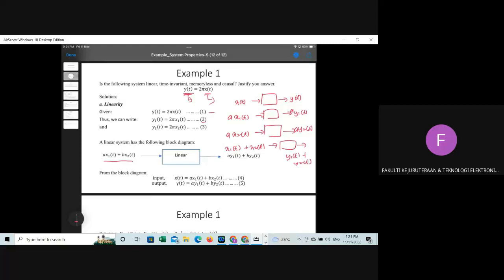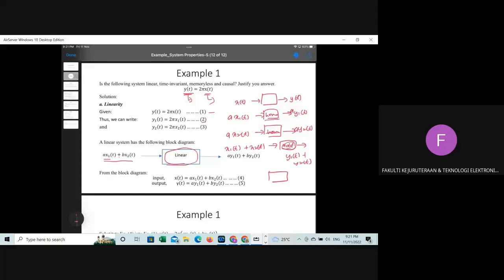If the system is homogeneous and additive, which is linear, then the combination a x1(t) plus b x2(t) gives the output a y1(t) plus b y2(t). So I combine both homogeneous and additive into linear.